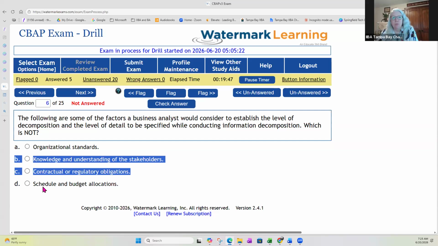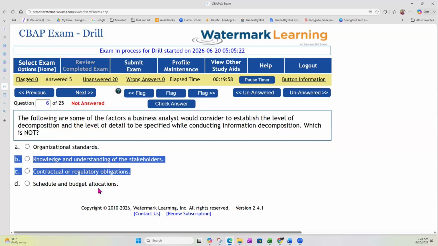Mm-hmm. So tell me why you think schedule and budget allocations might not be considered whenever you're thinking about decomposition. That's the thing. I'm not sure. Schedule and budget, okay. The time that we have to deliver the solution and the budget that we have to work on it may need to be done really quick, or we have a lot of time, so it could have an influence on the granularity, on the level of the decomposition.